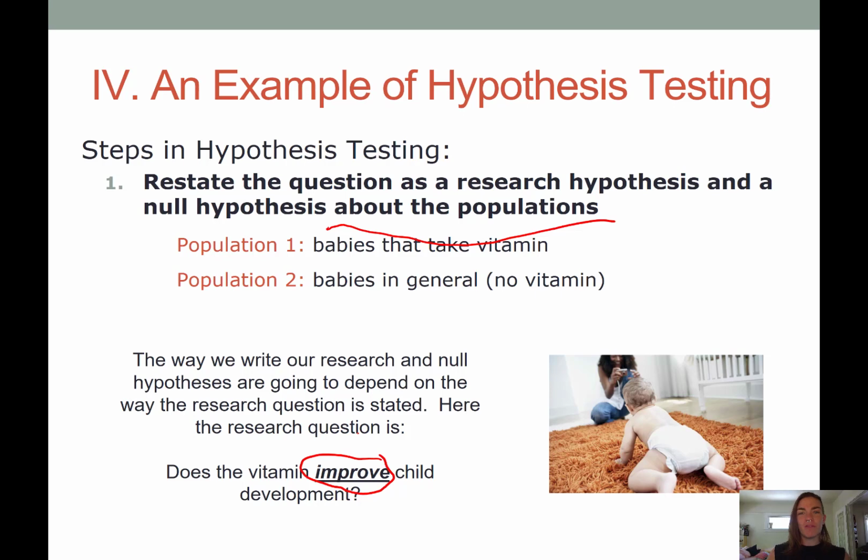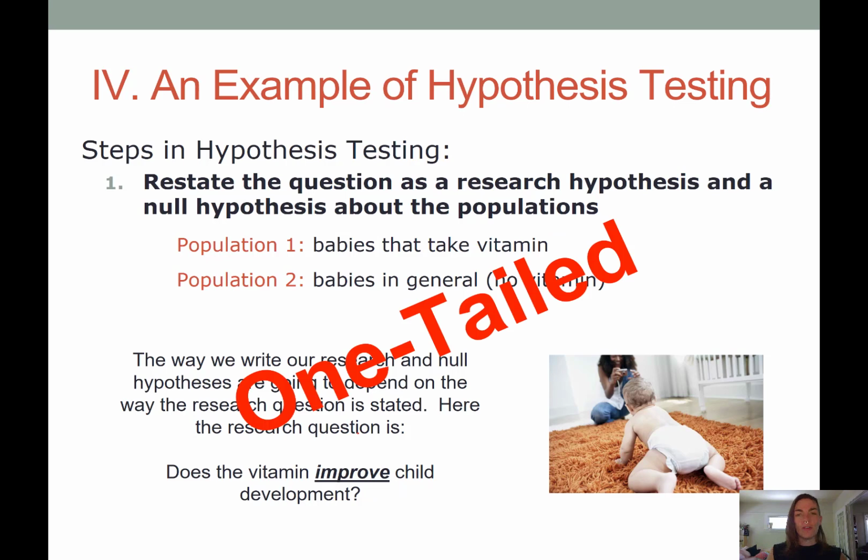So ask yourself if we should be doing a one-tailed directional test or a two-tailed non-directional test. Hopefully you said a one-tailed test, right? I'm looking specifically to see if child development has improved or if these babies will walk at a younger age, okay?